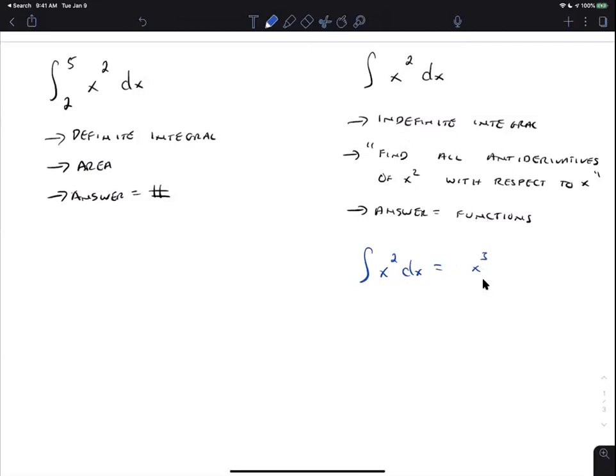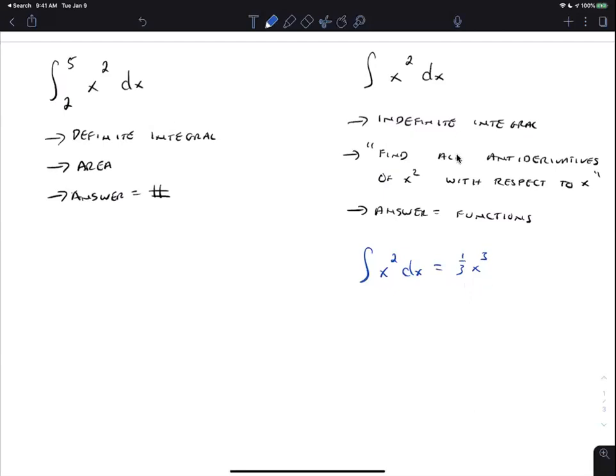What that means is I want the derivative of this to be x squared. What is the derivative of x to the third? 3x squared. So that's at least close to x squared, right? And then if I put 1/3 in front of it, now if I bring the 3 down, what happens? You multiply them and you get 1x squared. Does that make sense to everybody?